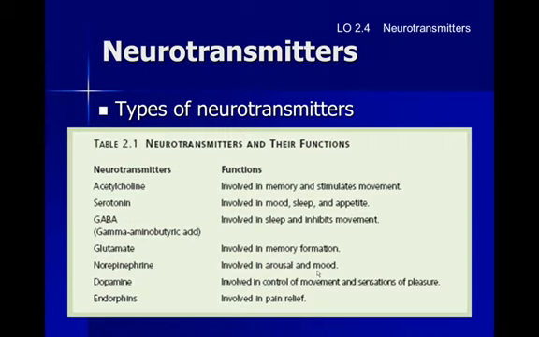So we're going to talk about acetylcholine, which is involved in memory and movement. It's one of the most basic neurotransmitters. Serotonin, which is involved in mood, sleep, and appetite. We talked a little bit already about GABA, which is gamma-aminobutyric acid, which is involved in sleep and is actually an inhibitory neurotransmitter.